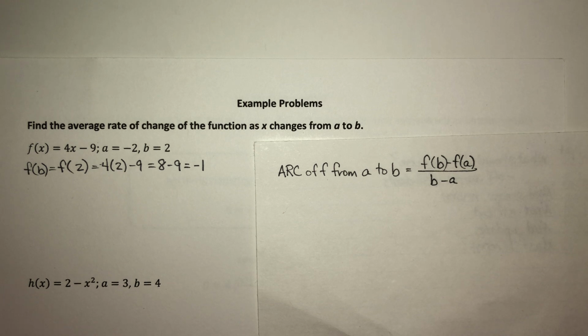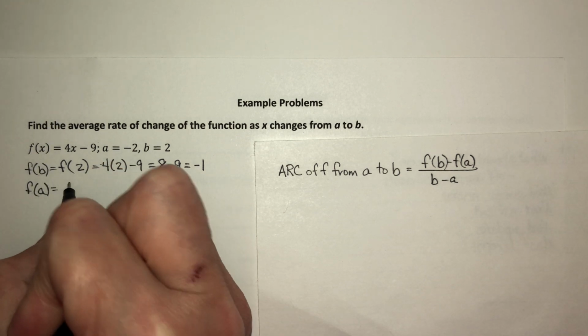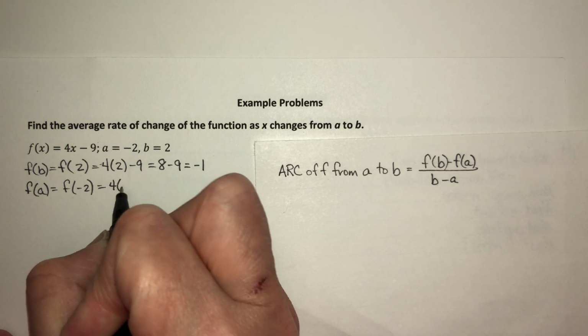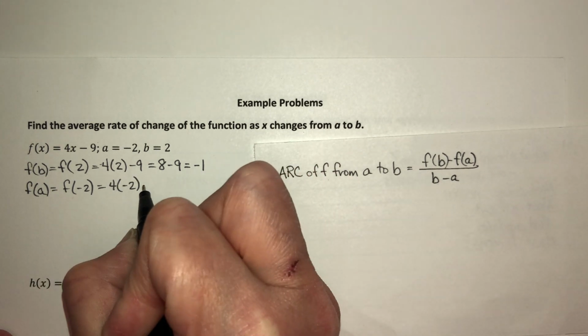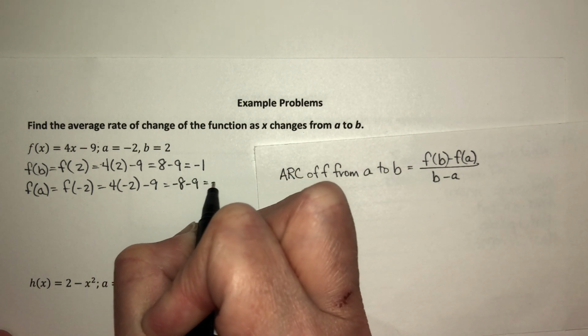Okay, so now let's find f of a, which is f of negative 2, which was 4 times negative 2 minus 9. Negative 8 minus 9 will be negative 17.